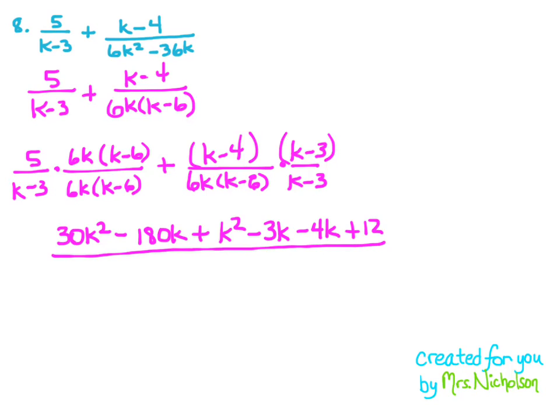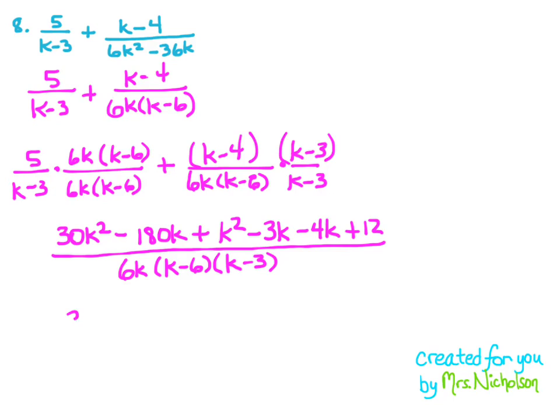And this is all going to be over the common denominator. And there's no need to multiply out the common denominator. The reason that we multiply out the factors in the numerator is so that we can collect like terms, so we can actually combine the numerators together. But the denominator can stay in its factored form.